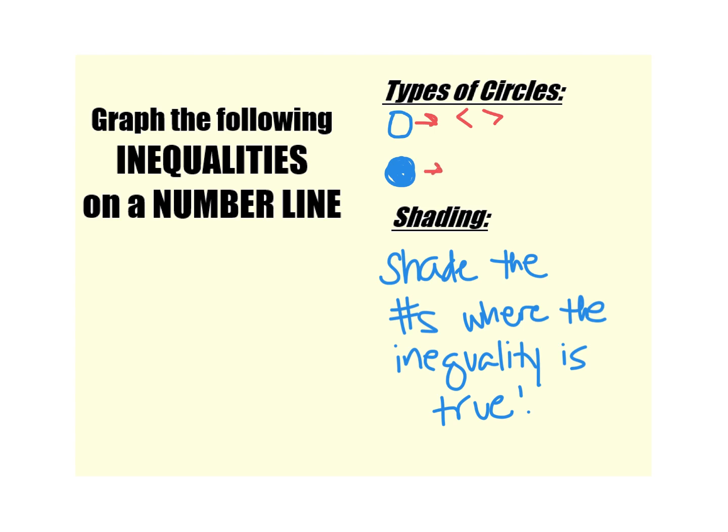Whereas the filled in circle, or closed circle, means these numbers are part of the shading, so they're used with the less than or equal to or greater than or equal to symbols. And then what we want to remember is that we are going to be shading the numbers where the inequality is true. As we look at a number line and compare it to the inequality, we'll place a dot, open or closed, and then shade the numbers that are true for that inequality. Let's try some examples.